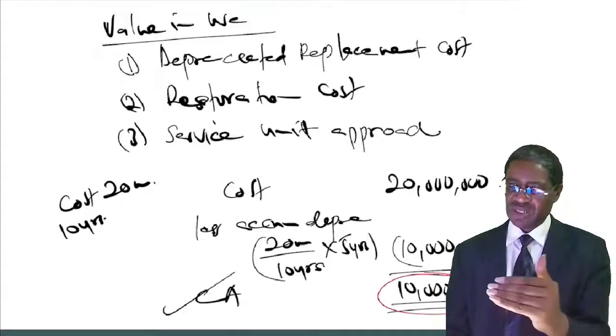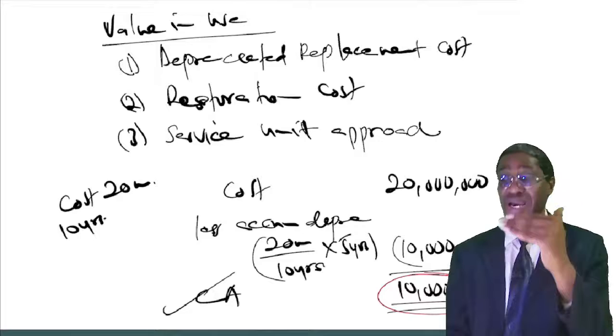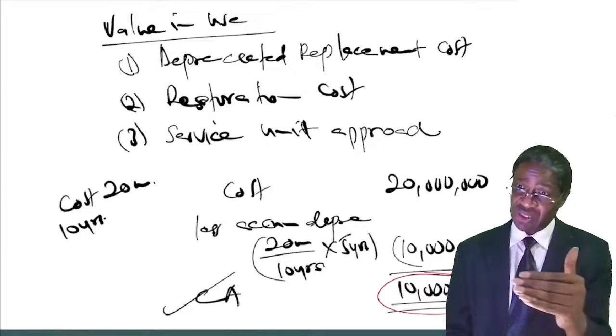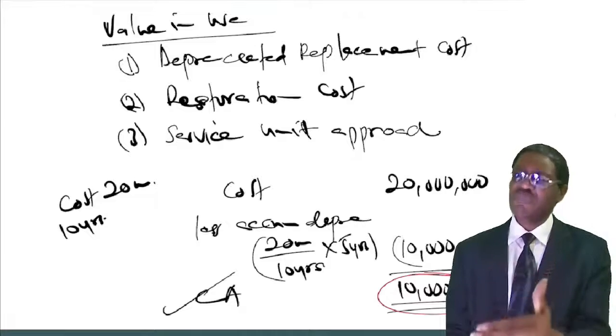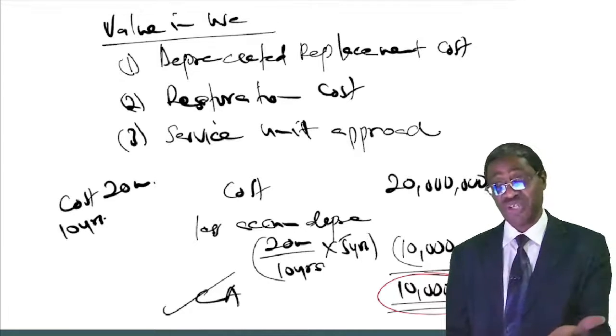Once you get it, then it's from there that you ask yourself, which method am I required to use to compute the value in use? If you are using the depreciated replacement cost, whatever you have got becomes the value in use.